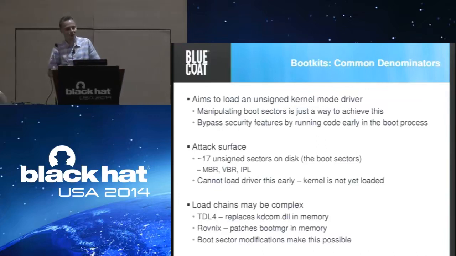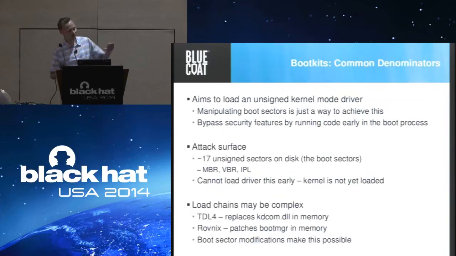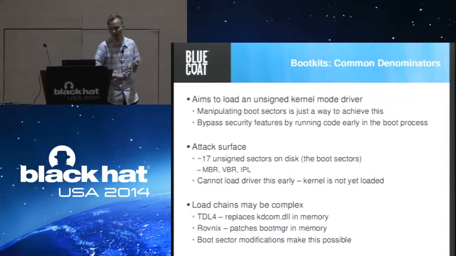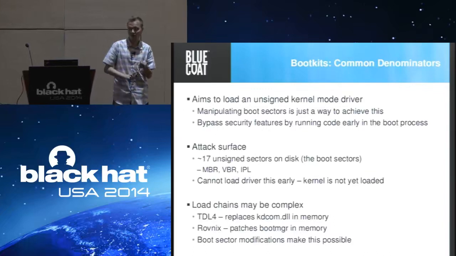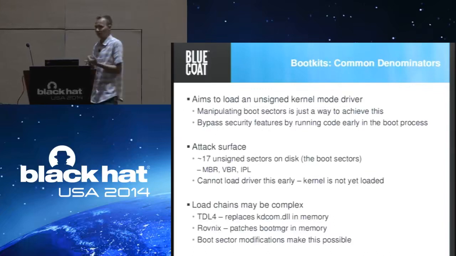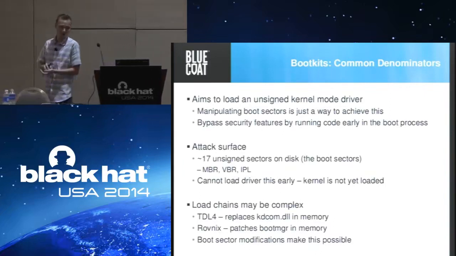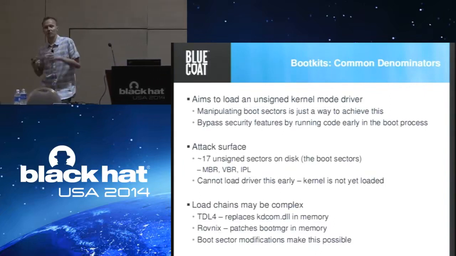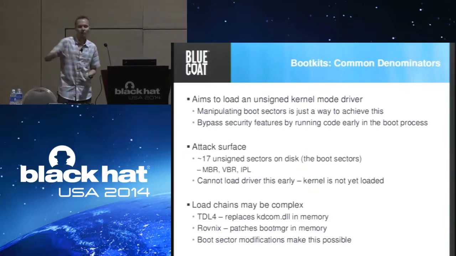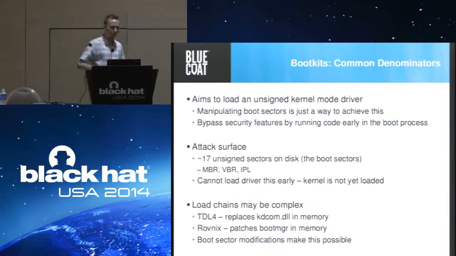So if you look at how they actually achieve this, it will vary across various rootkit or bootkit implementations. Just as an example, TDL4 was the first rootkit to successfully compromise 64-bit versions of Windows. It did so by, first of all, replacing the master boot record, and eventually replacing the entire contents of a DLL that was loaded by the kernel, so that it would be able to run some code at a later point in the boot process.